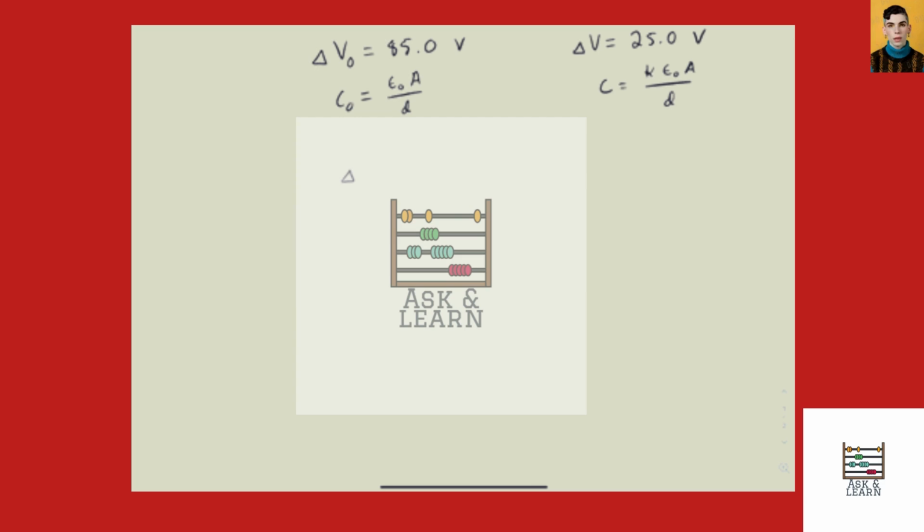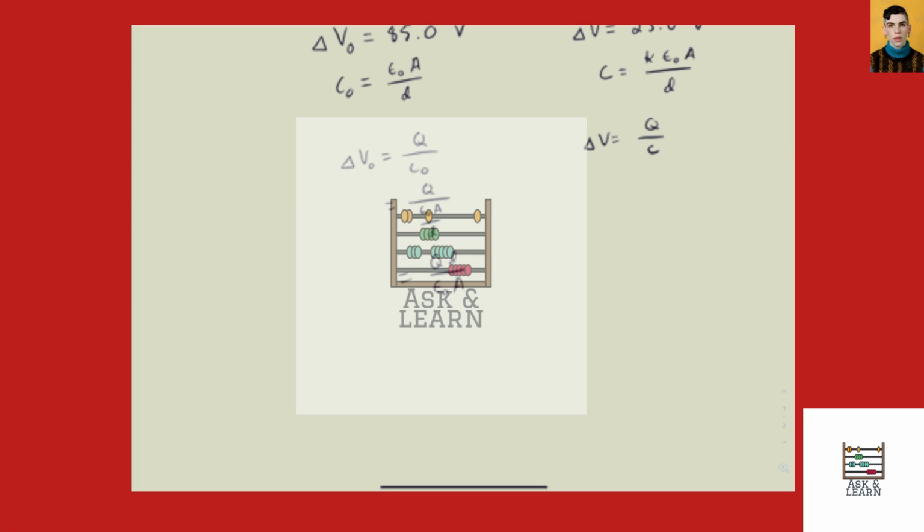Now, delta V0, we can relate that to the capacitance. That's just Q over C0, which is Q over epsilon naught A over D. So this comes out to Q times D over epsilon naught A. And delta V is Q over C. The Q is the same for both because we have the same charge.